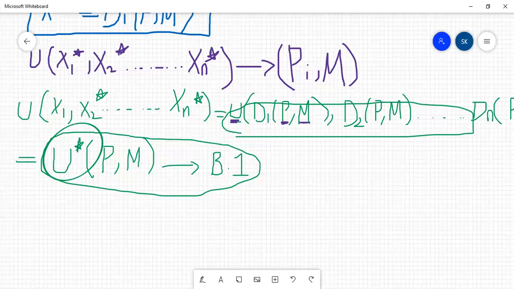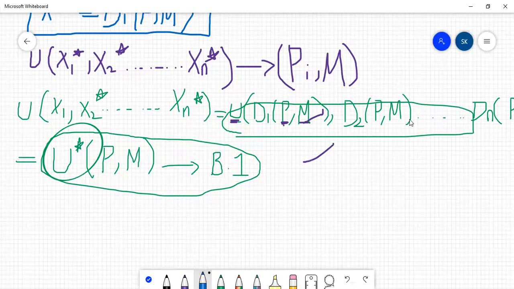Why? Because it is indirectly related to the prices and the money income, as you can see over here, for each demand function via the maximization process, which is in contrast to the utility function U of x1, x2 till xn, where utility depends directly on xi.